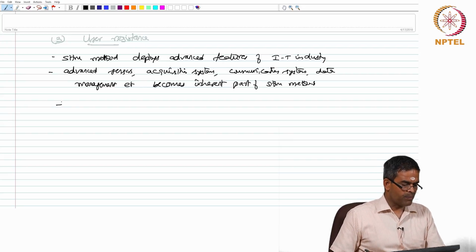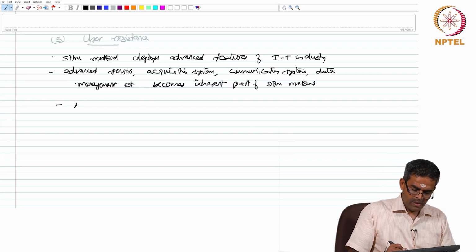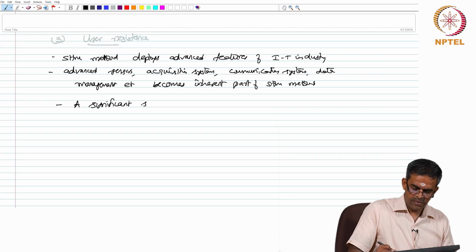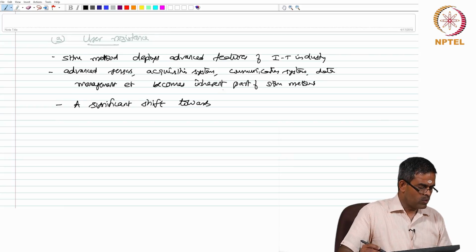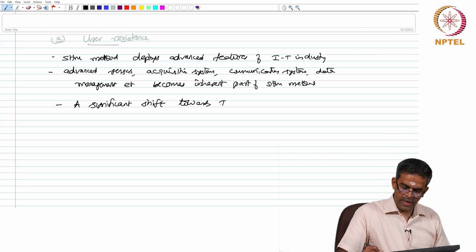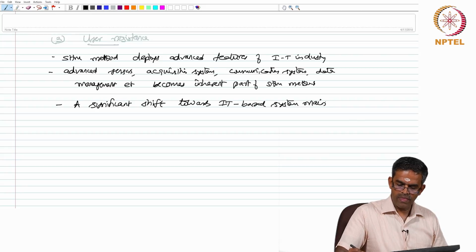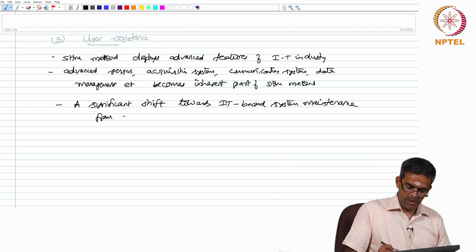Therefore, it is important that there will be a significant shift towards IT based system maintenance from a conventional civil maintenance.